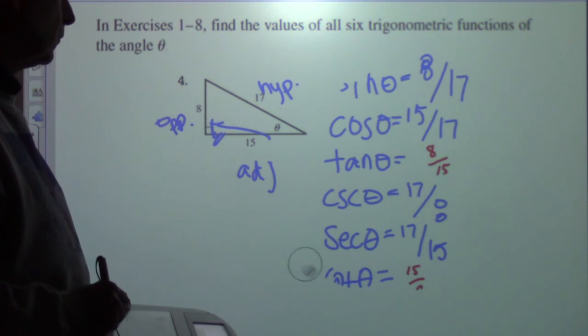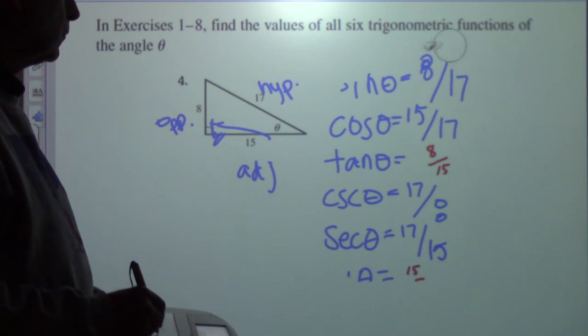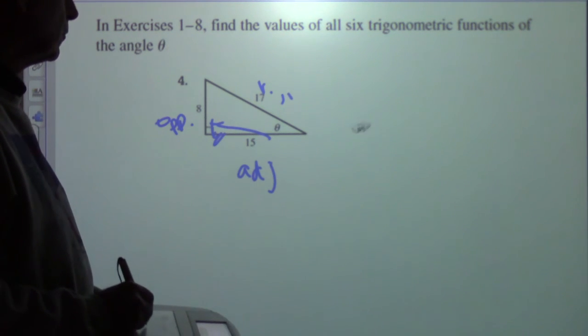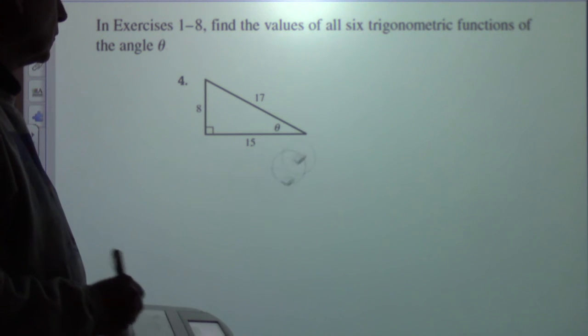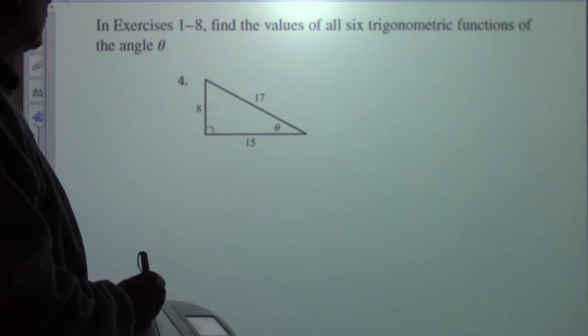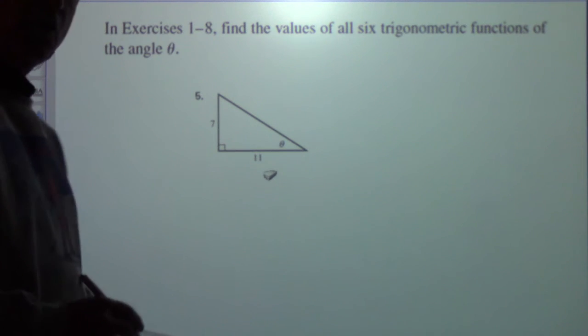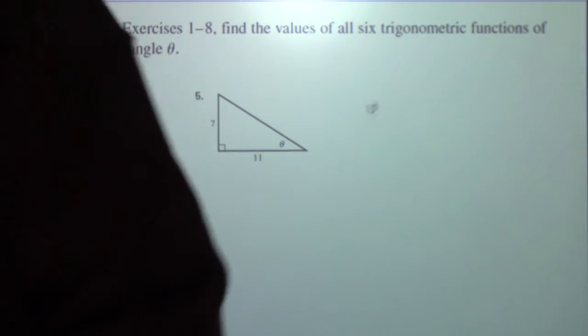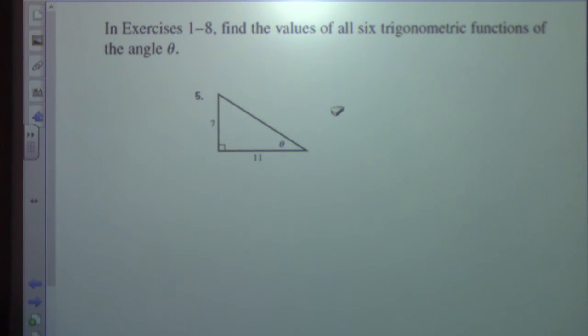Okay, for this one here, you don't have a hypotenuse, so you have to do a little bit of discovery. A way to do this is you can write that the hypotenuse is going to be equal to the square root of both of these squared, right?